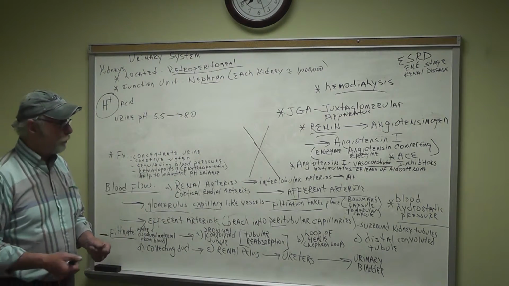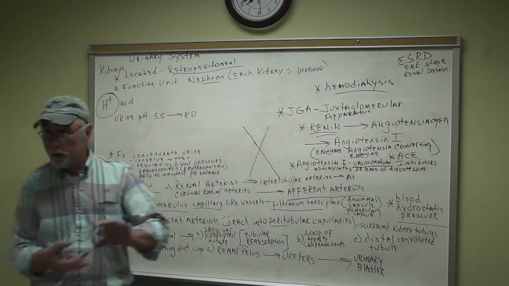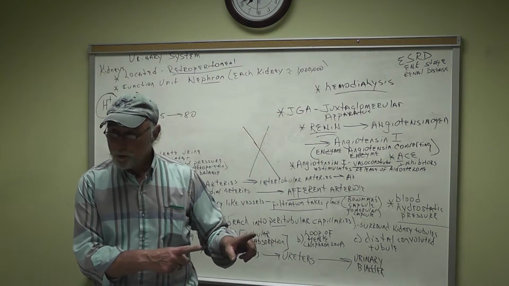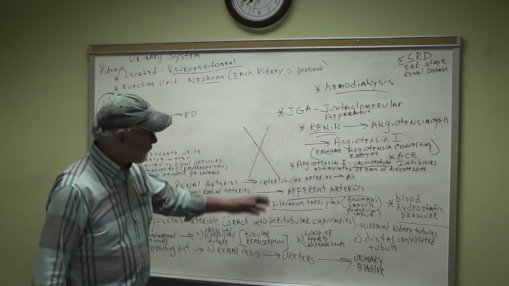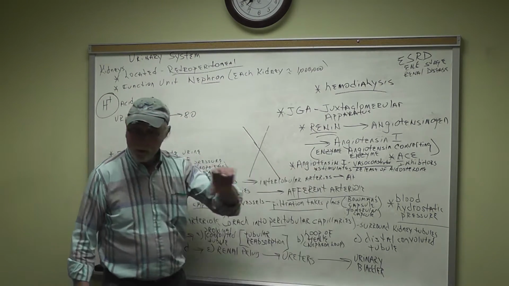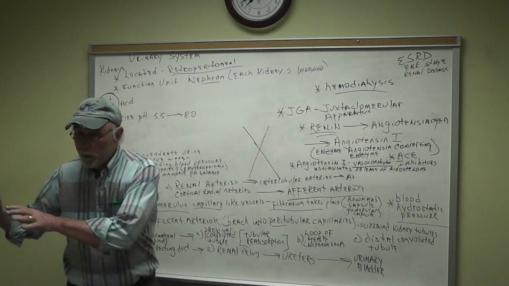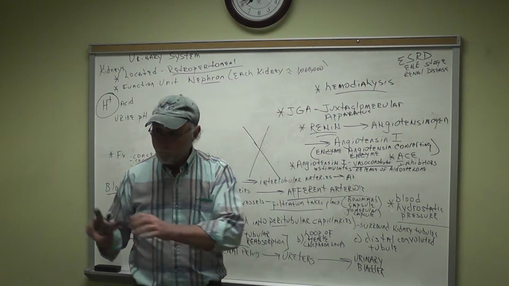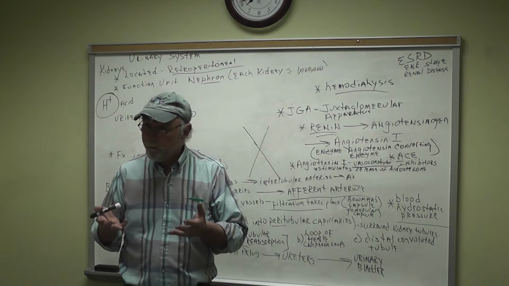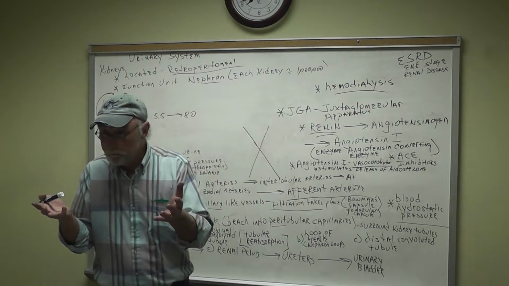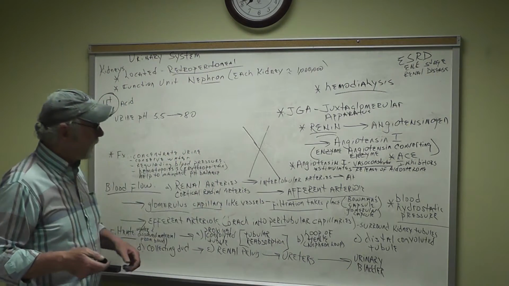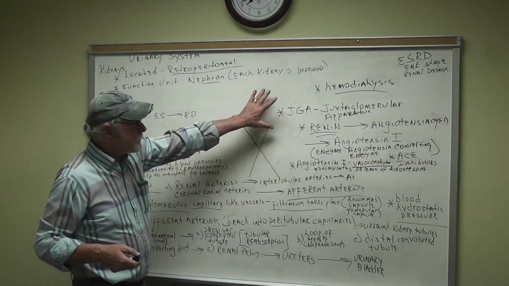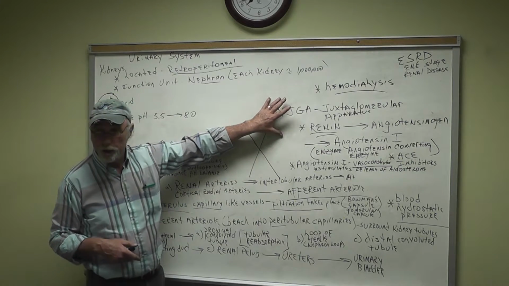And remember, the general rule is wherever the sodium goes, water follows. So the whole point of this is we want to squeeze down the blood vessels to bring up the pressure. We want to reabsorb more sodium and therefore more water to bring up the volume and bring up the pressure. Okay? And so that is sort of the take-home message on this JGA.